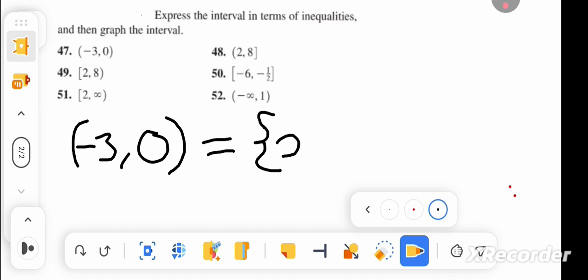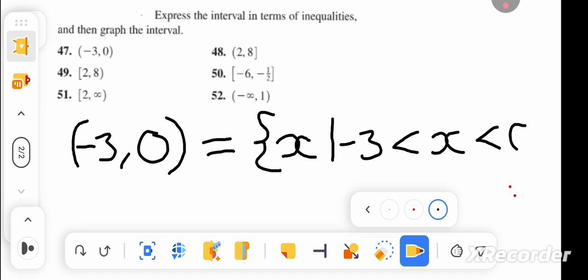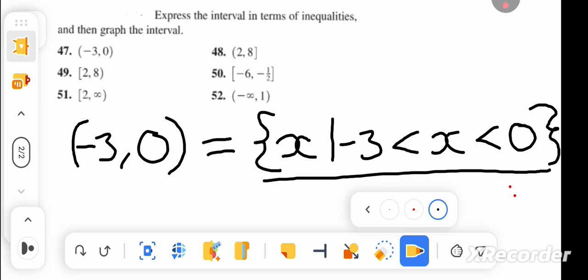Then we say x such that, since we are looking at the set which starts from -3 up to 0, we are going to say -3 is less than x, and then x is less than 0, and then we close our set there.